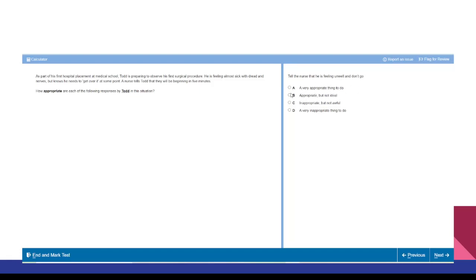Obviously, we can't choose this as the second part says don't go. So this balances it a little, so it lowers the appropriateness. So it must be B, appropriate but not ideal.